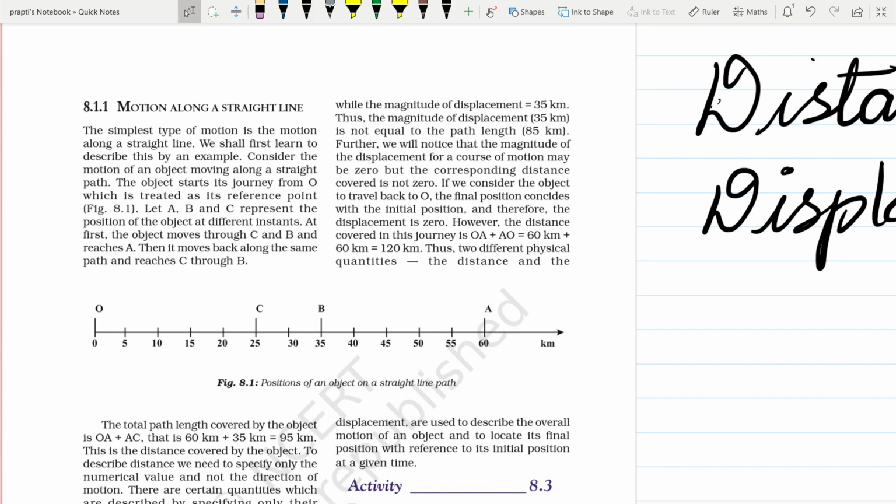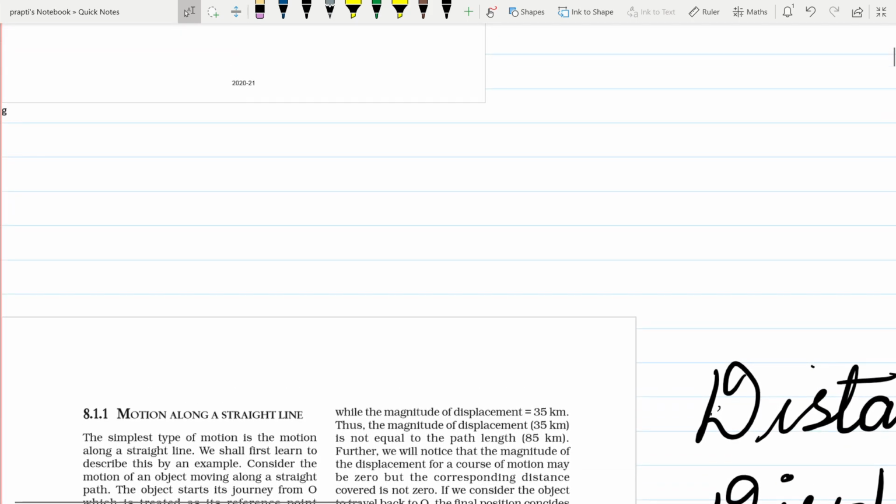Motion along a straight line path. The simplest type of motion is the motion along a straight line path. Now there are various other types of motion, as we saw in the previous part of the chapter.